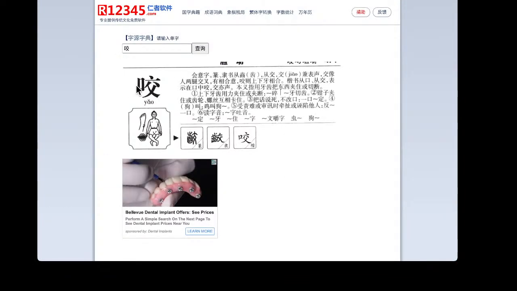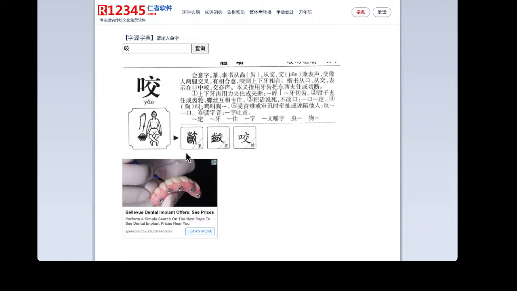Now this one, take a look at it. It has a mouth radical, and the right hand side is 交, which of course means sound. Now 交 also has the meaning of crossing. So it's very obvious why they use crossing, right? Because when you bite, the upper teeth and the lower teeth cross each other, to meet each other, to cut food in half, right?